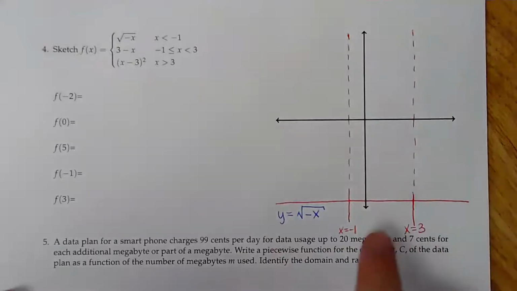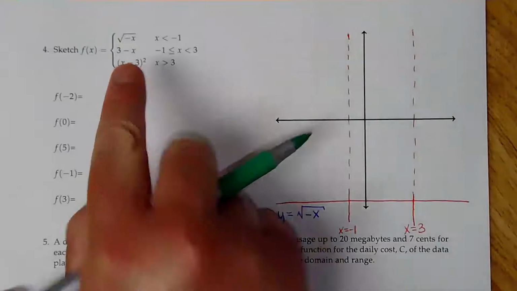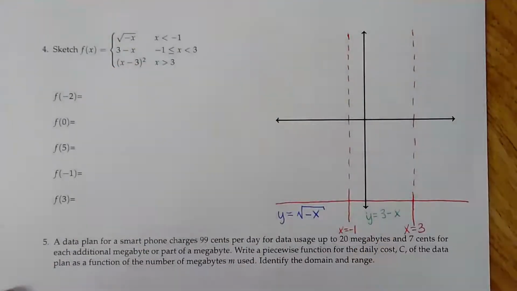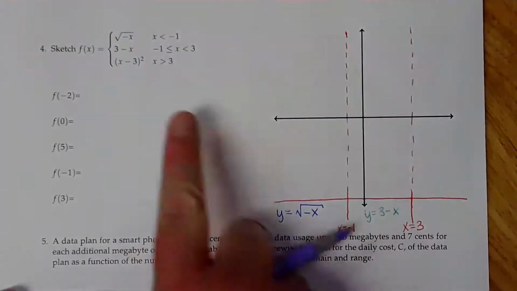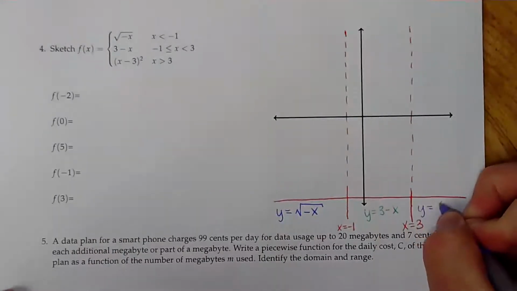And if we're between -1 and 3, we're going to use y equals 3 minus x. And if we are greater than 3, we're going to use y equals (x minus 3) squared, which is going to be a piece of a parabola.